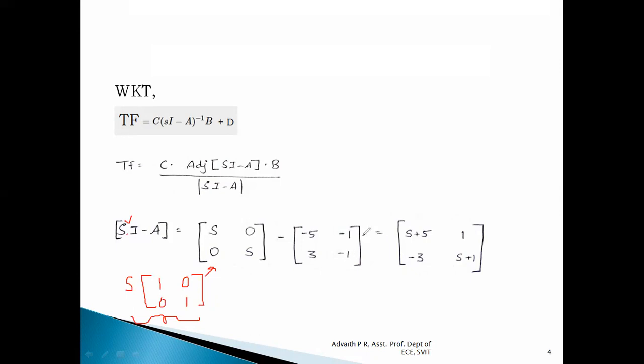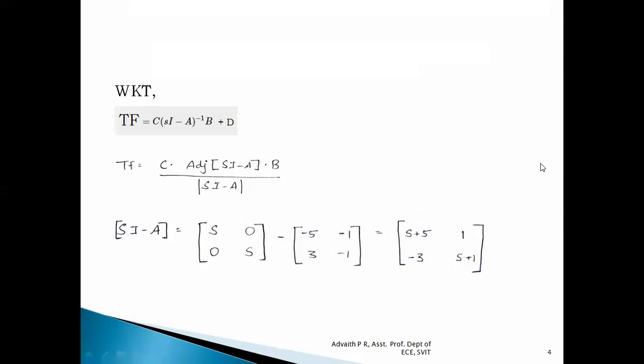So this corresponds to S minus of -5, which is S plus 5, 0 minus of -1 is +1, 0 minus 3 is -3, S minus of -1 is S plus 1. So this is the sI minus A matrix.